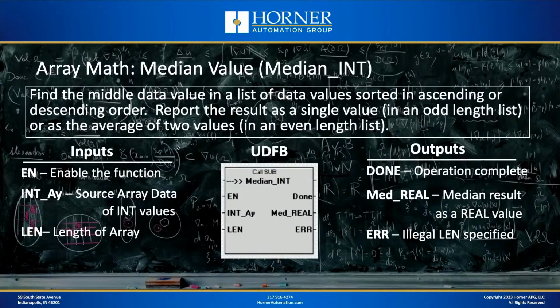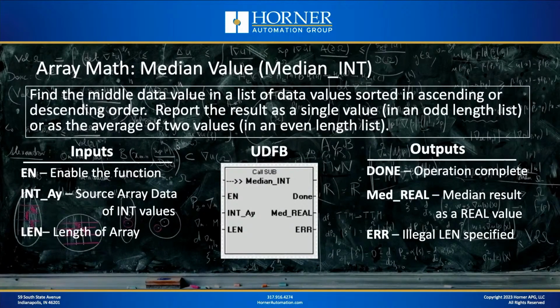Now, why are we reporting it as a real value? Well, when you find the median of a set of values, if that data set is an odd length, then the exact middle element in the sorted array is going to be your median. That would be a round integer value if your inputs are all integers, but only if you have an odd length array.